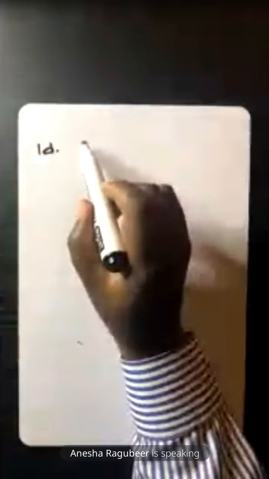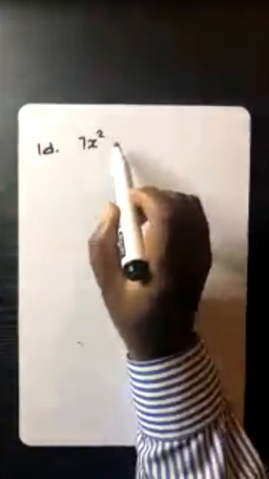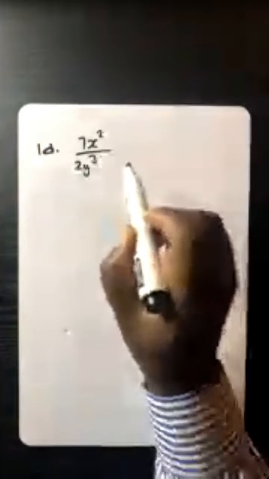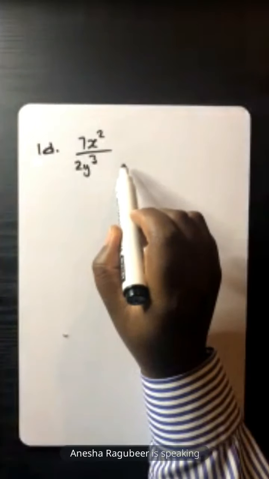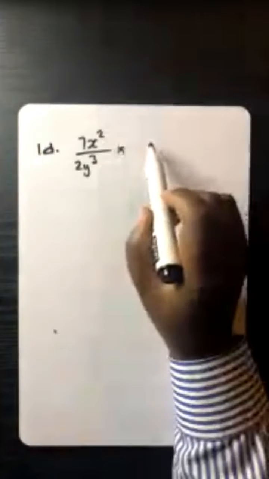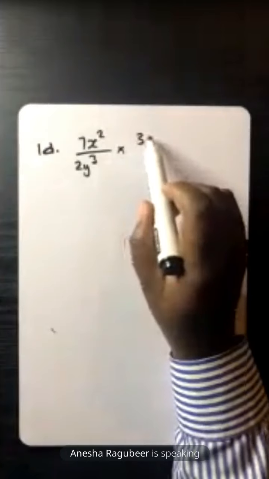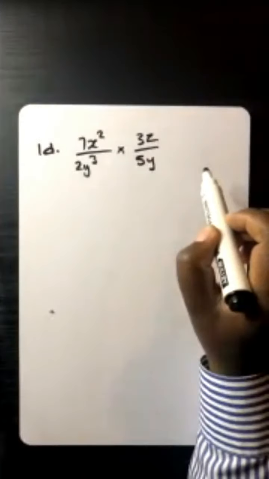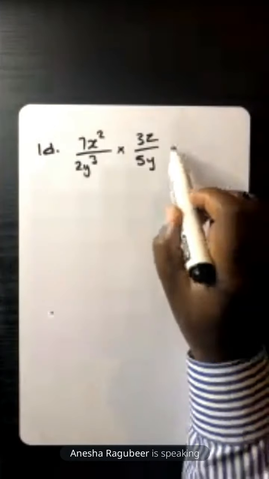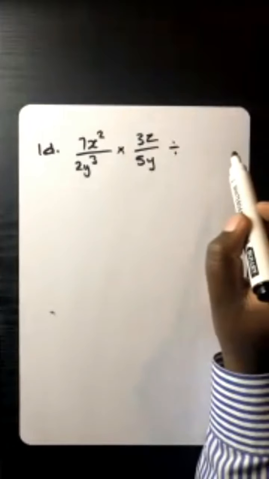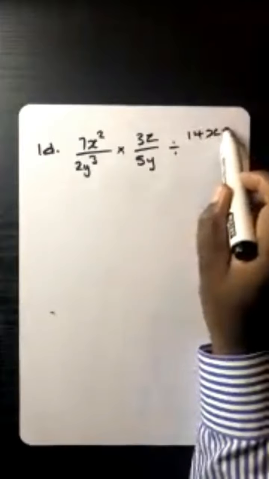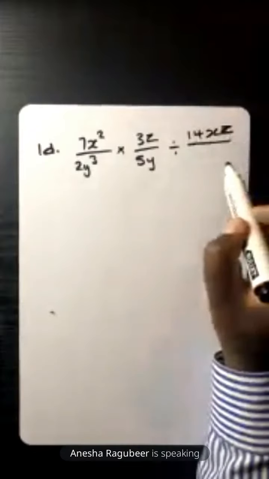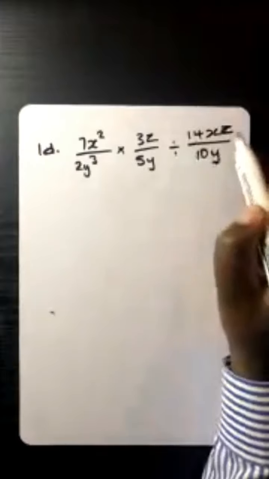Which is 7x squared over 2y cubed, times 3z over 5y, and then divided by 14xz over 10y.